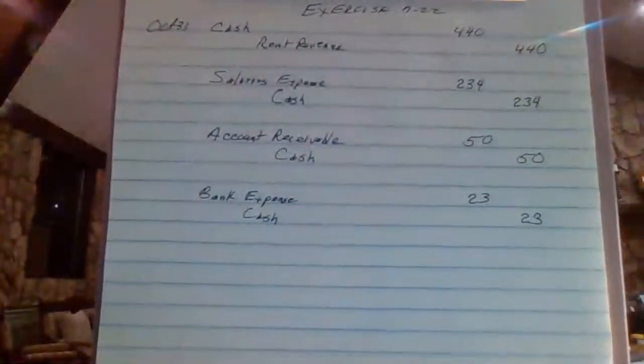Next thing is for the checks. So let's use the bank expense account. Banking expense, $23. You can notate it that it was for the printed checks if you want. But all it does is increase an expense and decrease cash by $23. And finally, the $7 service charge, again, debit bank expense and credit cash for $7.